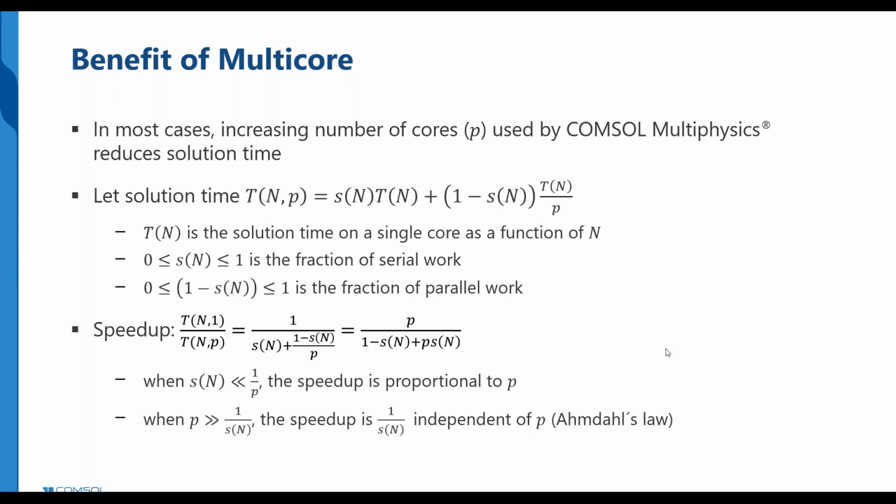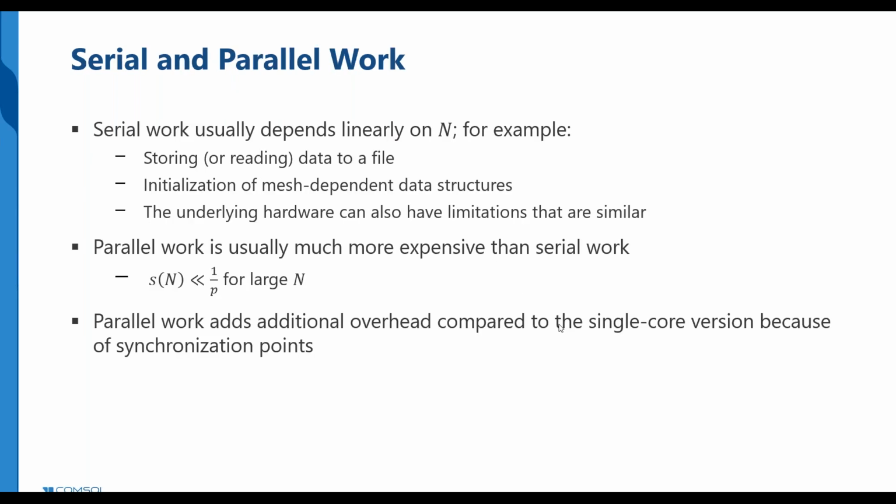and that's called Amdahl's law. So there is an inherent limitation to parallelization that has to do with the fraction of serial work. And what is serial and what is parallel? Well, for instance, the two dominating processes when solving a problem, the assembly and solving linear systems, have been heavily and intensely parallelized by us during the last 10-15 years.